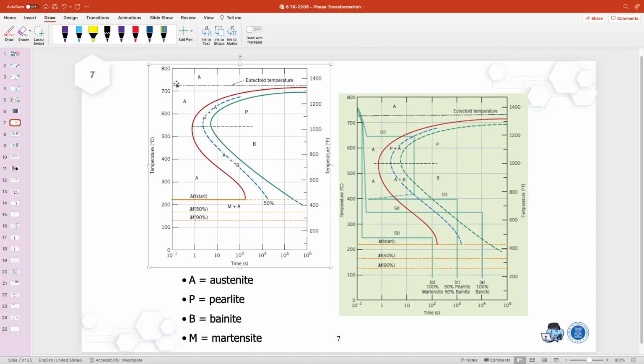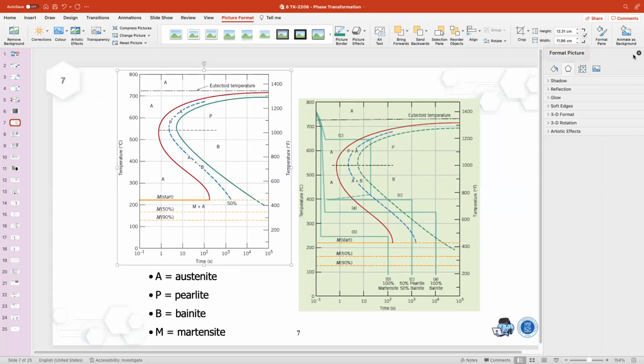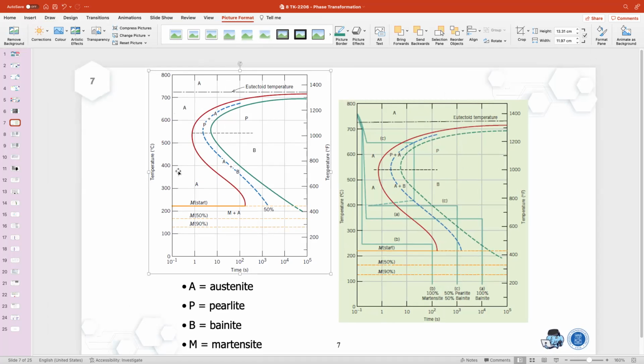If we cool fast enough, not to 650 but to 400 in a second, very fast, and then hold it at 400 degrees Celsius and wait for some time, the microstructure resulting from the transformation is not pearlite but bainite.